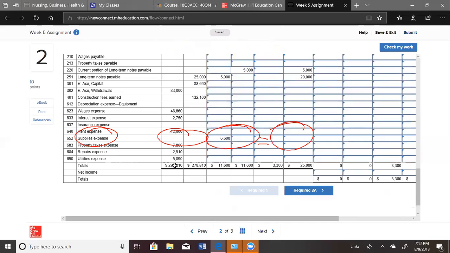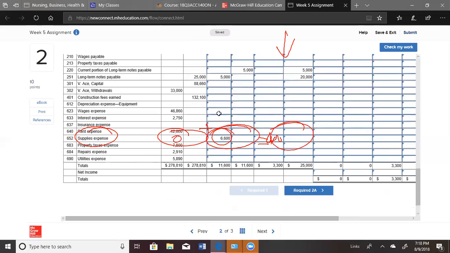So these plus these equal these. If you had 0 before and now you have 6,600, then your new adjusted trial balance for supplies expense is 6,600.